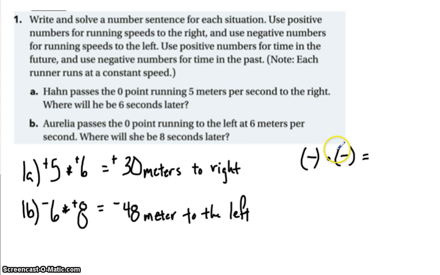So in this case, a negative times a negative is going to equal a positive, because we can't have a negative amount of a negative item. That's a double negative, and therefore it makes it a positive.